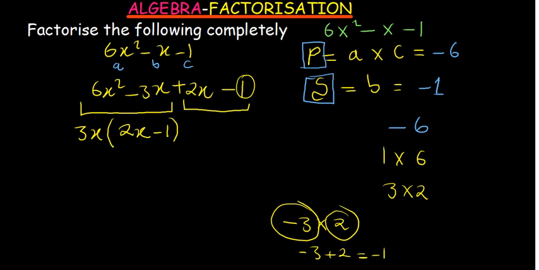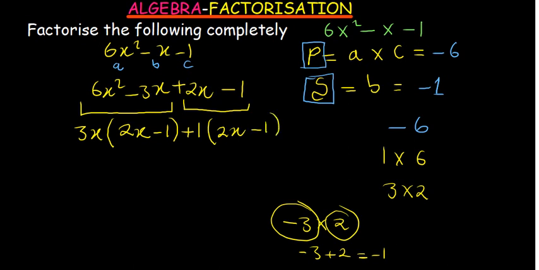So for this one, it is just 1. But in this case, we are going to get a positive 1, because I want to have a negative 1 at the end. So 1 into 2x is 2x, and 1 into negative 1 is negative 1.